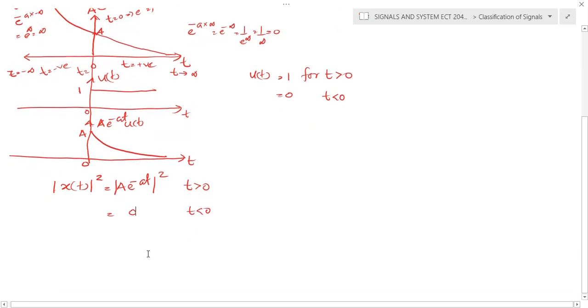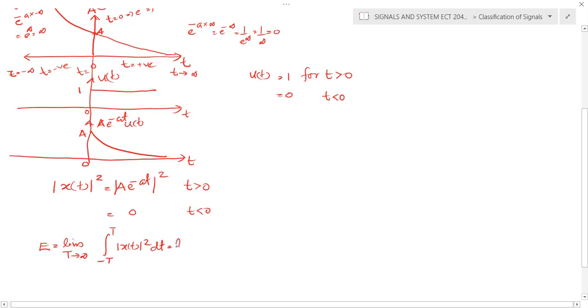Now we can calculate the energy. The energy formula is limit T tending to infinity, integral from minus T to T, modulus of x of t the whole square dt. We can see that the integration is from minus T to T, but the signal exists only from t greater than 0 onwards.